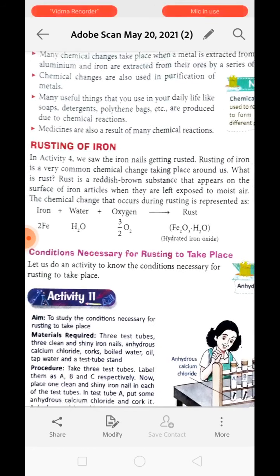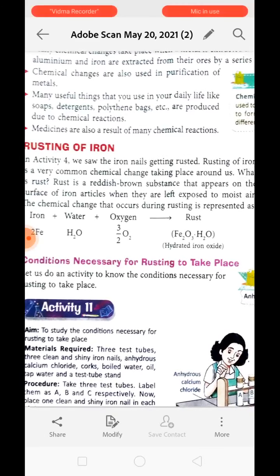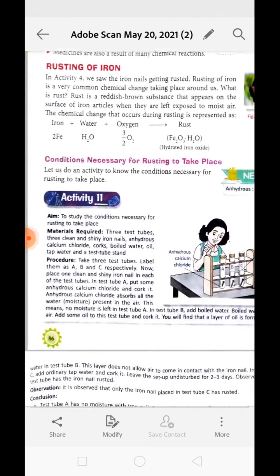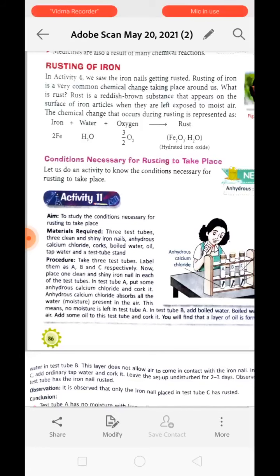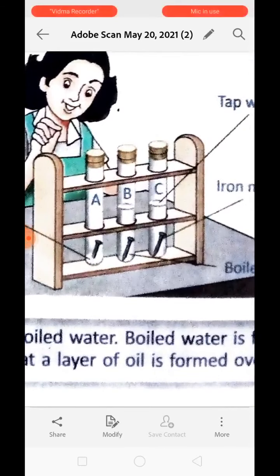Understood? Now, as the definition suggests, two substances are needed: water vapor or moisture, along with oxygen. These two substances are needed to form rust. Clear? Now to prove the conditions necessary for rusting to take place, we are going to do Activity 11.